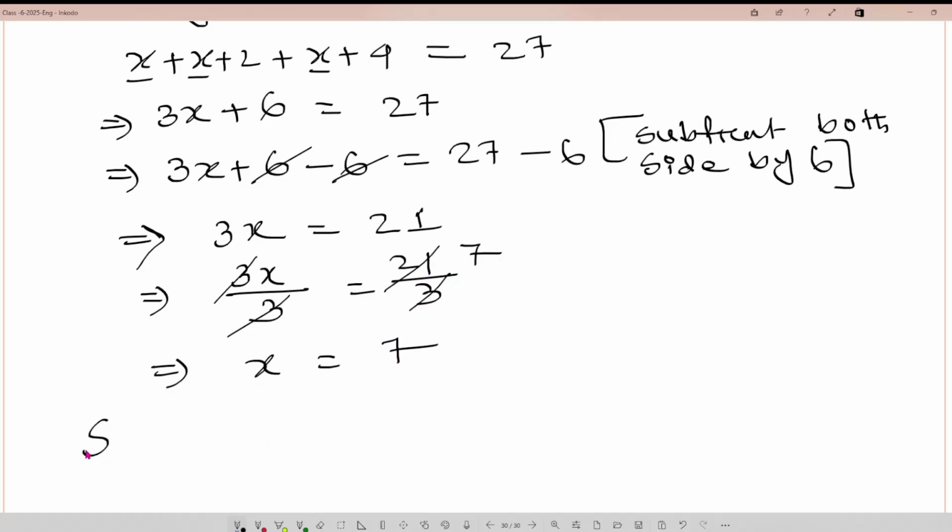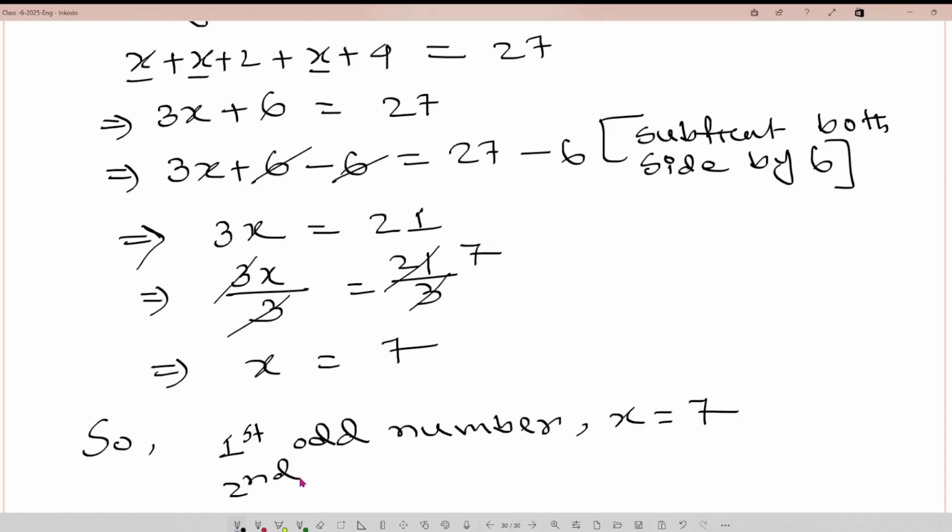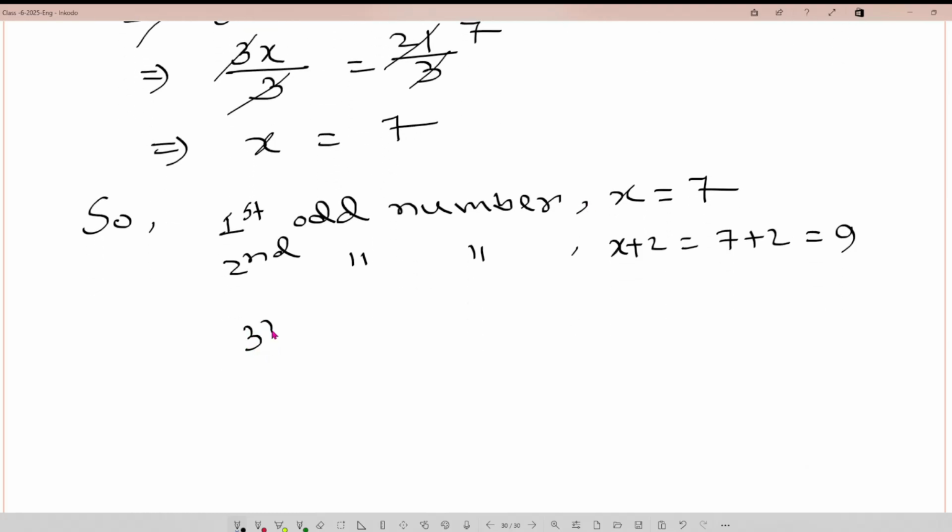So the first odd number x equals 7. The second odd number, x plus 2, means 7 plus 2 equals 9, right? The third odd number, x plus 4, equals what? x is 7, plus 4 equals 11.